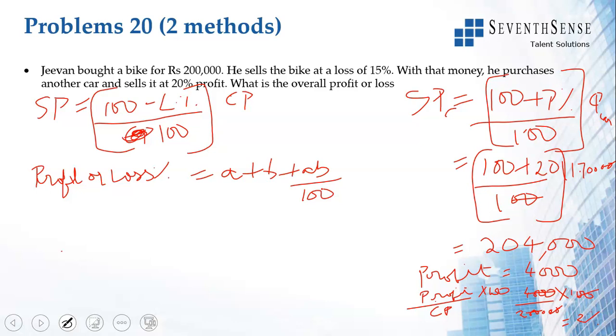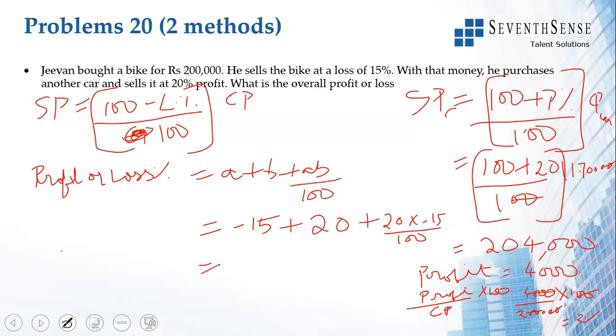So 2 lakhs, there is a loss of 15%. On that, there is a profit of 20%. Then you use this formula. So when there is a loss, you change the sign to minus. Now here our A is minus 15 because there is a loss. B is a profit, becomes plus 20. Now you do 20 into minus 15 by 100.